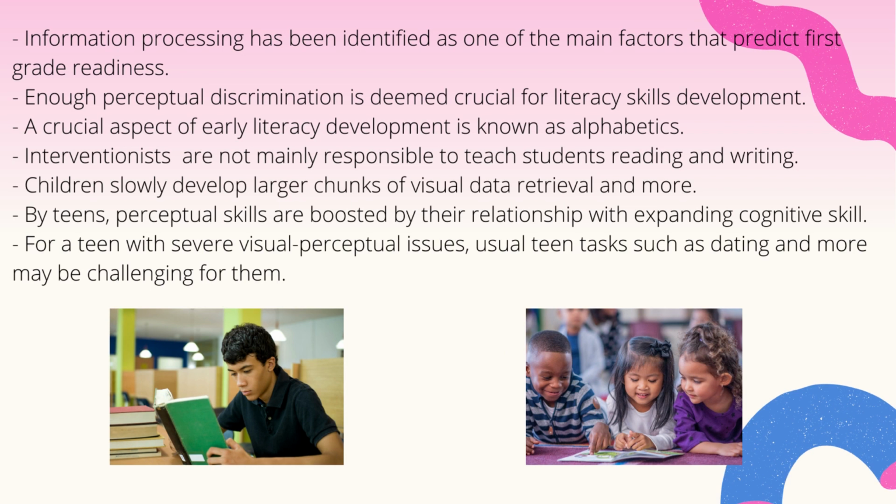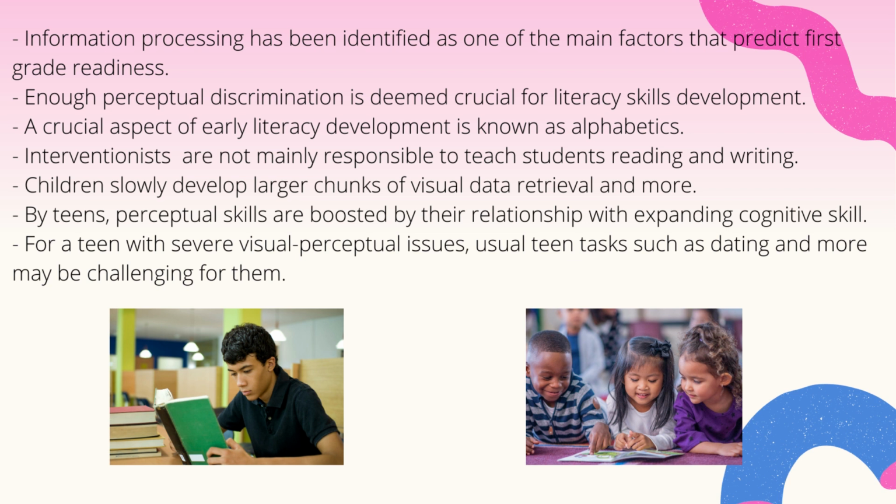Information processing has been identified as one of the main factors that predict first grade readiness, in the visual perception motor domain. There is also evidence that a school-going child with delayed perceptual progress may not catch up with his or her friends in academic achievement. Enough perceptual discrimination is deemed crucial for literacy skills development of reading and writing.